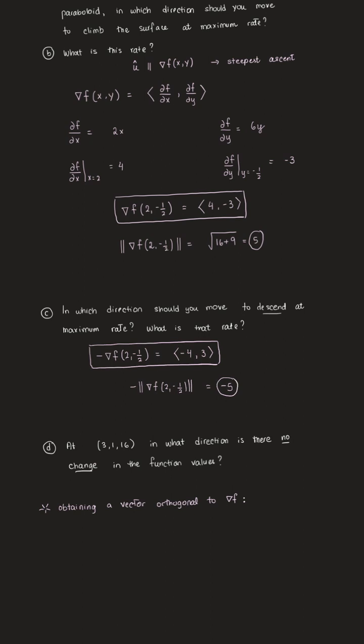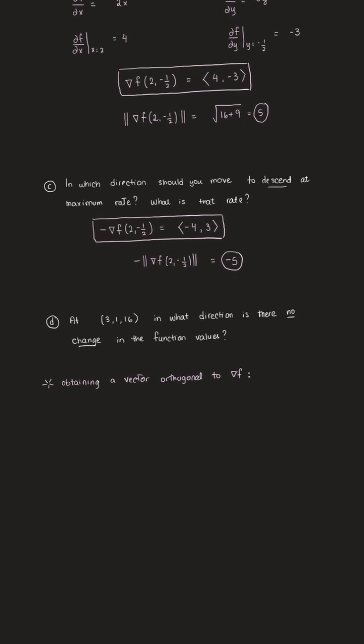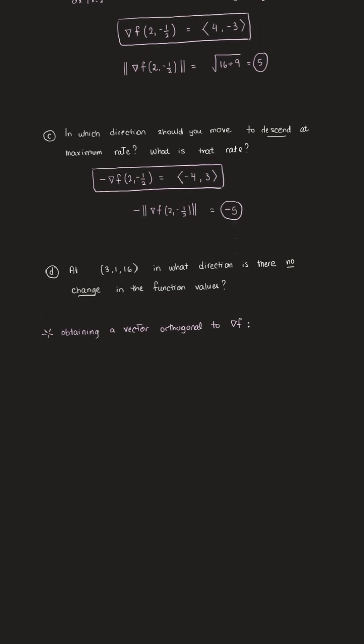Okay, and now a more interesting question that's going to get us to a new idea is, what if we're at the point 3, 1, 16, so we're at a different point, and we want to know in what direction should we go so that there is no change in height. There's no change in my function values.